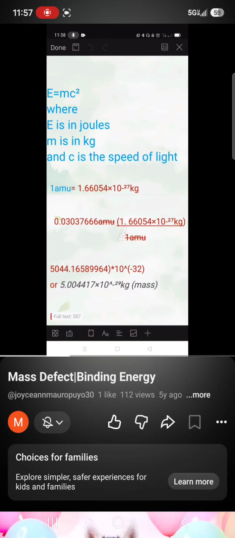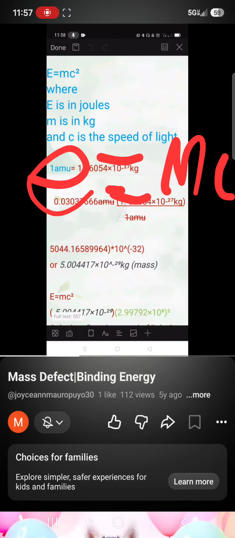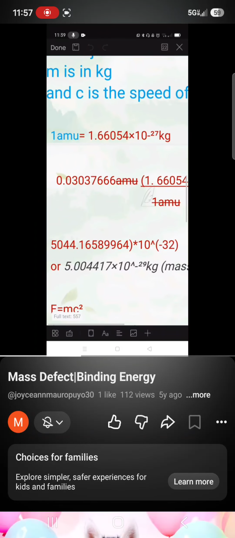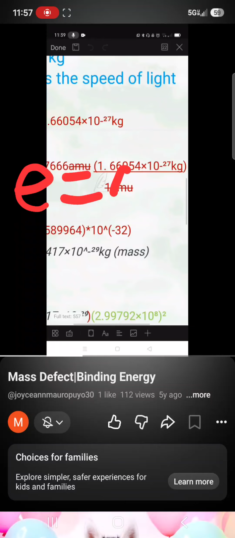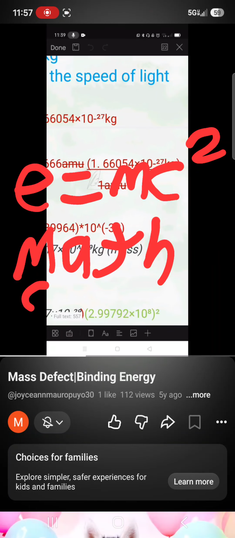So we go to the Einstein formula, E equals mc squared, where E is in joules, m is the mass in kilograms, and c is the speed of light. We need the conversion: 1 AMU is equivalent to 1.66054 times 10 raised to negative 27 kilogram. So the mass defect, 0.0303766 AMU, we multiply by 1.66054 times 10 raised to negative 27 divided by 1.